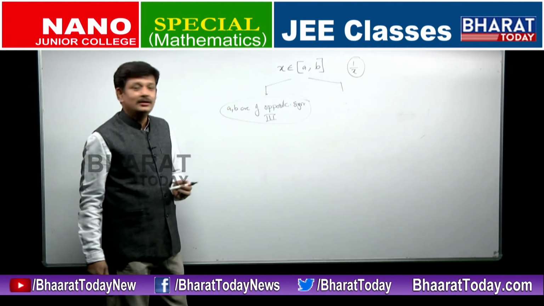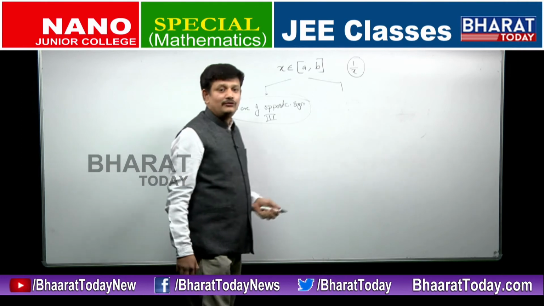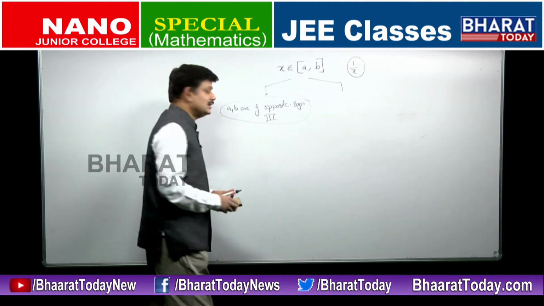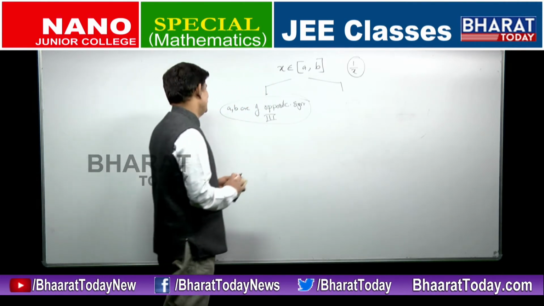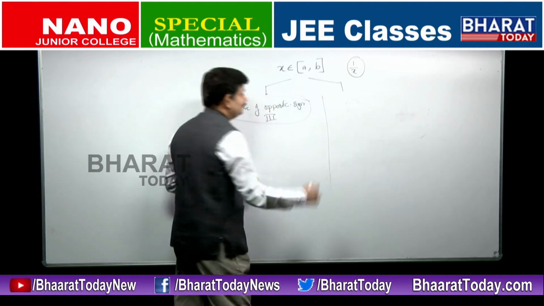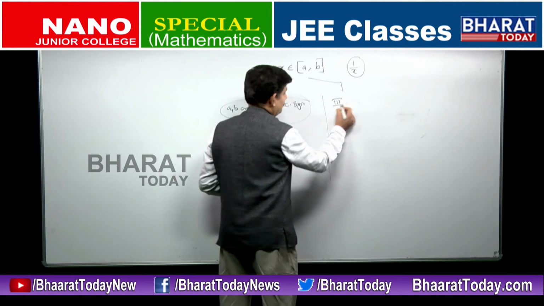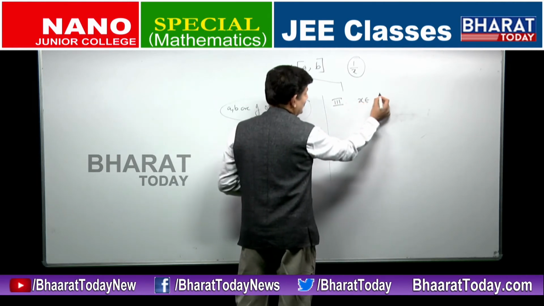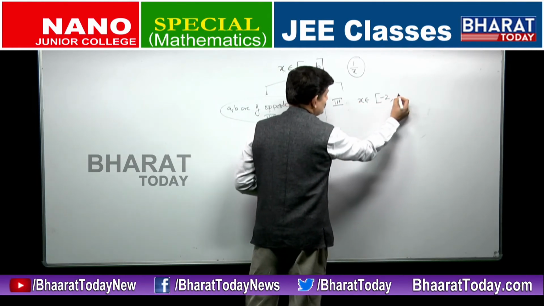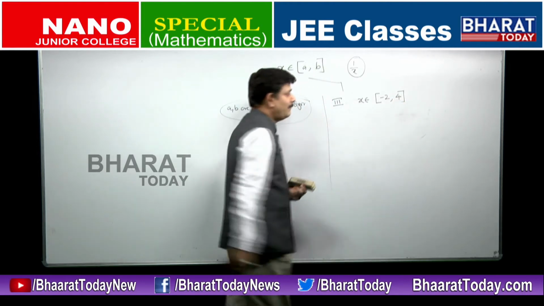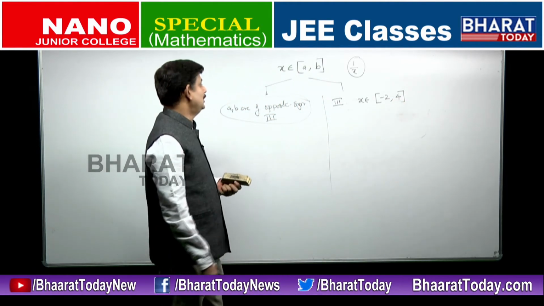What is case 3? Here the numbers are of opposite sign. What to do when the numbers are of opposite sign? Let me look at it again by an example. Let's say x belongs to minus 2 to 4.